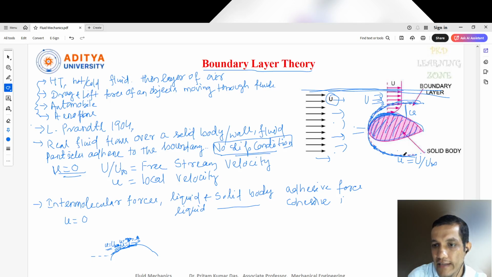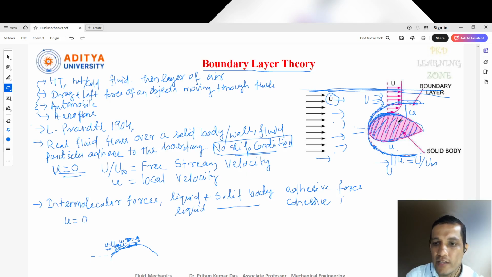That means at this layer, the local velocity present inside the boundary layer is equal to the free stream velocity. Above this, all the fluid is at U, inside this the fluid velocity is small u, and near the boundary the local velocity is 0. Why is it 0? Because of the reason explained.